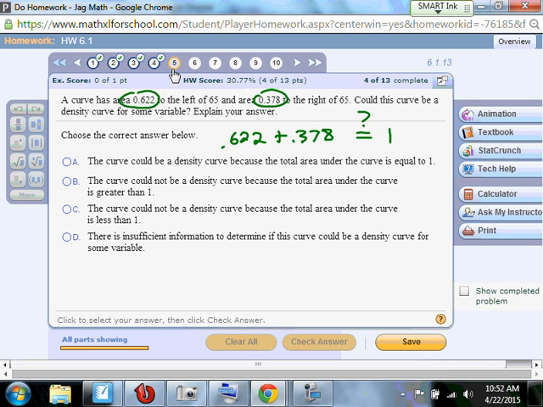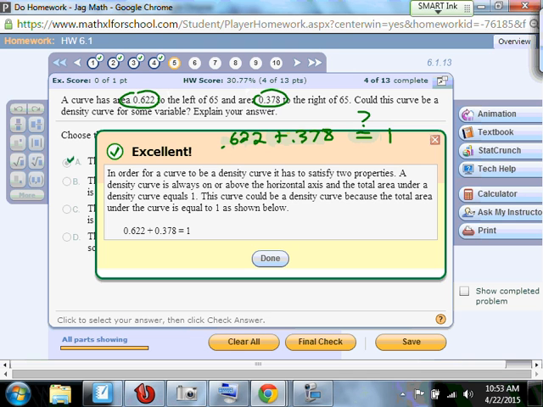If it is, then it is a density curve. If it's not, then it's not. So does that add up to equal 1? It actually does. So the curve could be a density curve because the total area is equal to 1. Okay. Your particular problem, the numbers might not add up to 1. Everybody good with that? Matter of fact, let's try another one.